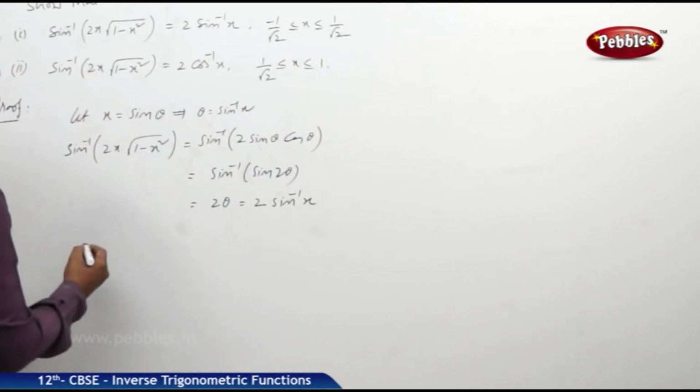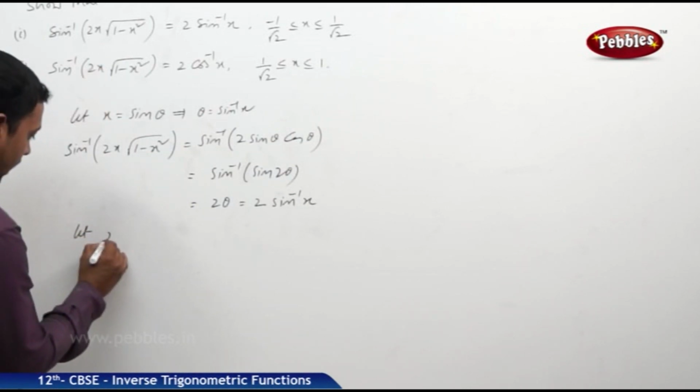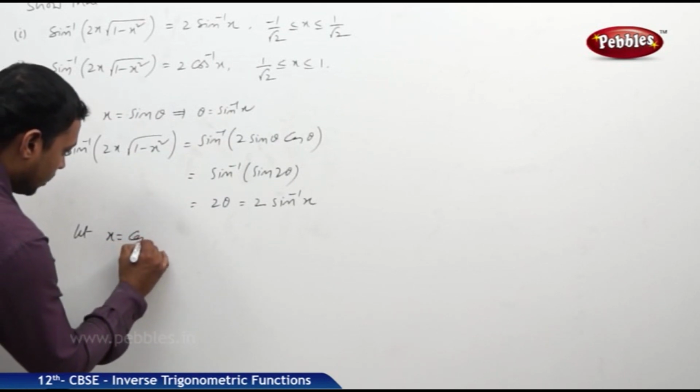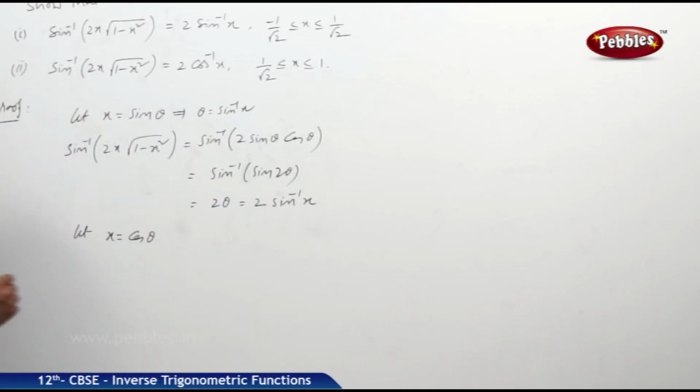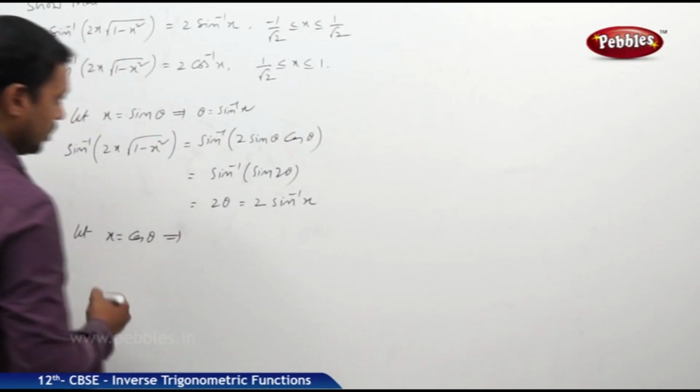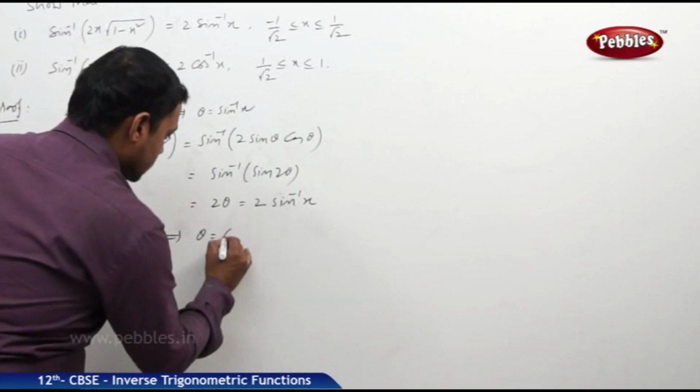For the second statement, consider x is equal to cos theta. Then theta is equal to cos inverse x.